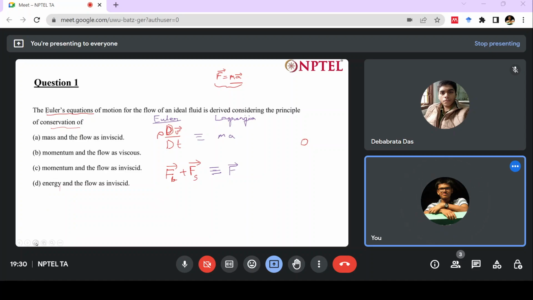Let's first talk about gravity. Gravity is m into g in my Lagrangian frame. This m, the inertial property, I am representing using density. It will be rho times g. So this m is just replaced by rho.